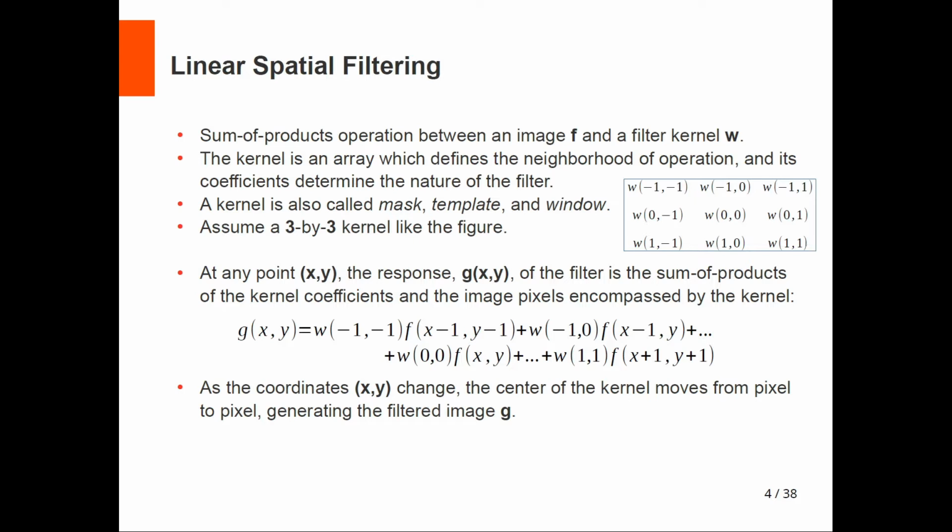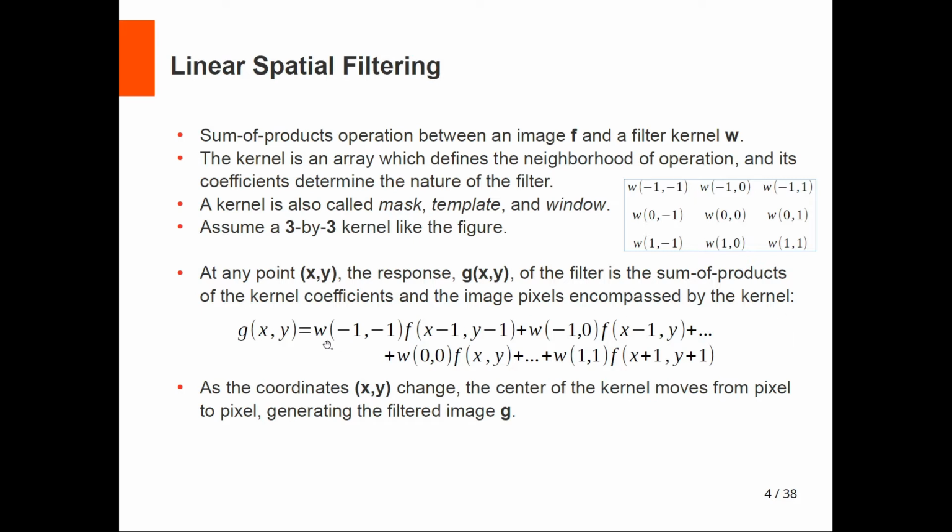So at any point X and Y in the image, we can calculate the response of the image for that pixel. We denote it by g of xy, and g of xy is the sum of product of the kernel coefficients and the image pixels that are contained in the area specified by the kernel.